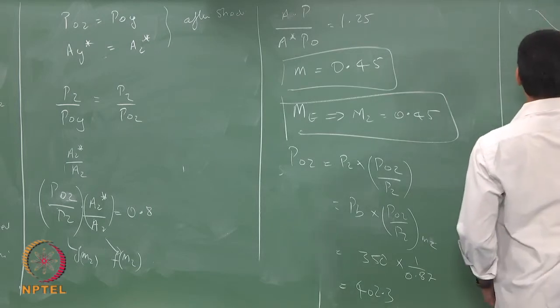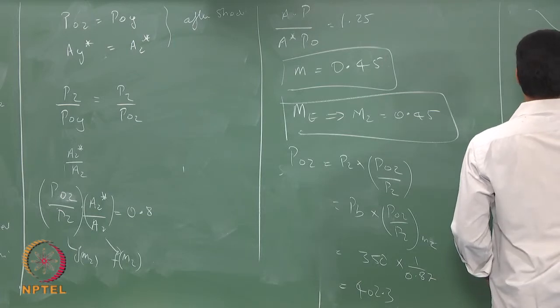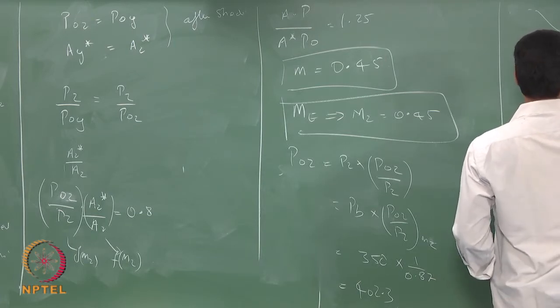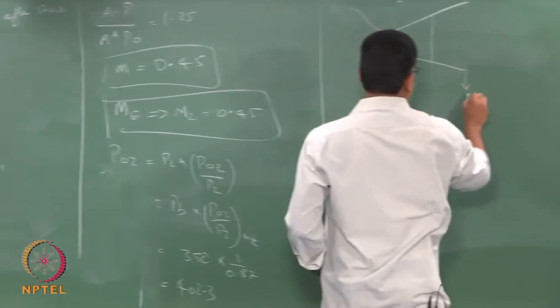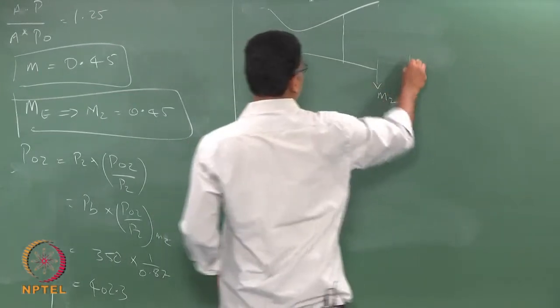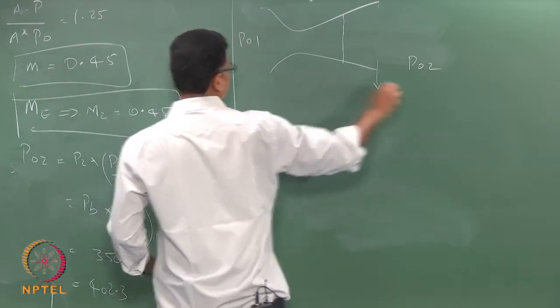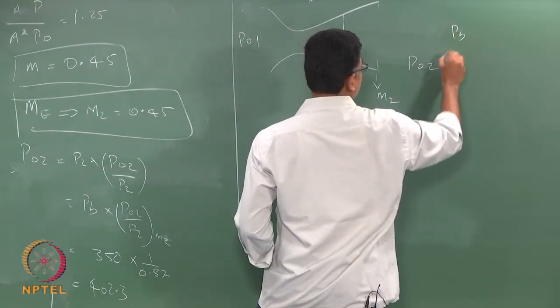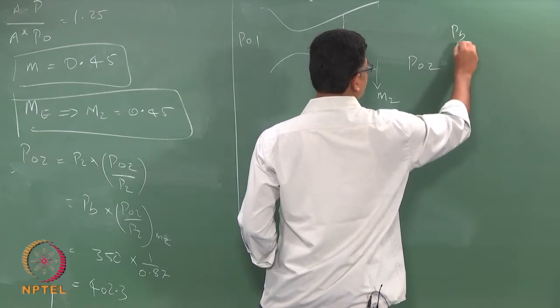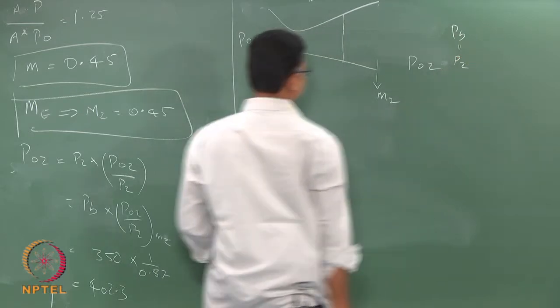So what have we done here? I have this shock here. Now we have found our M2, we have also found our P2, we already know our P1, we know our PB, which is also equal to our P2.